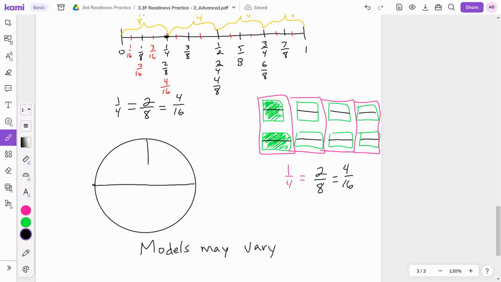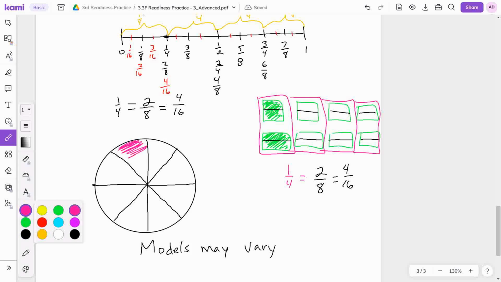So you see how I'm starting here? I did a half, and then I have half of a half as a fourth. Then I take each of these, cut them in half again. I've got eighths. So first, let's shade in my 2/8. All right, so there's my 2/8.